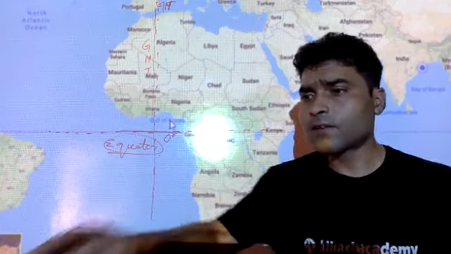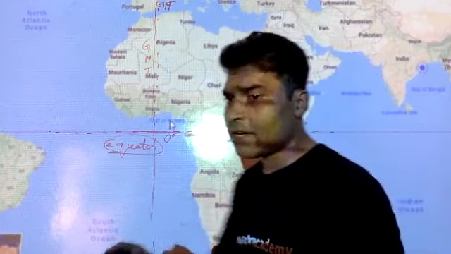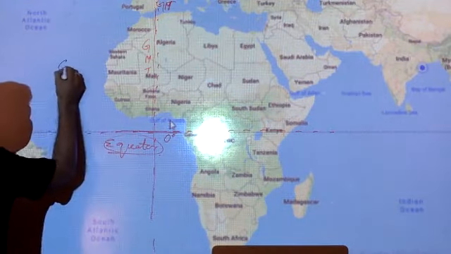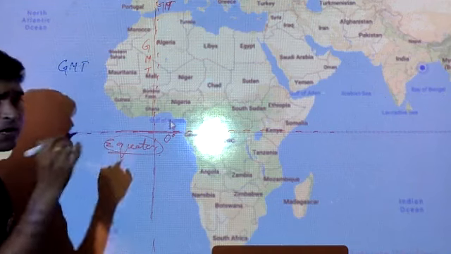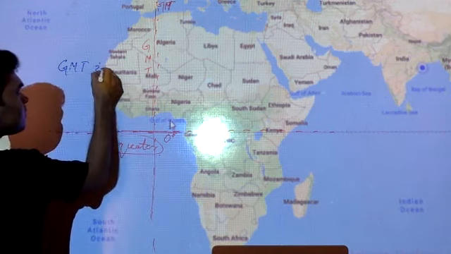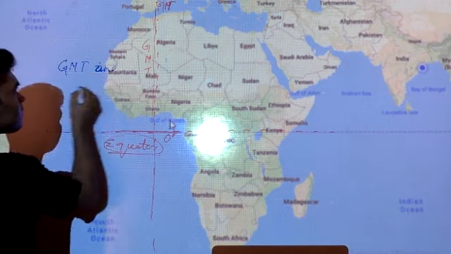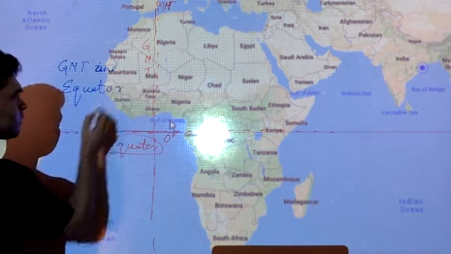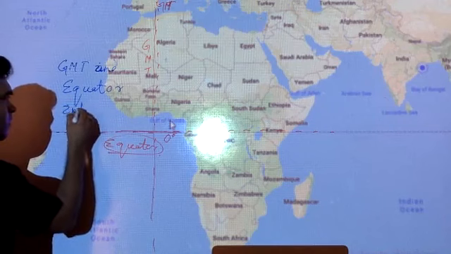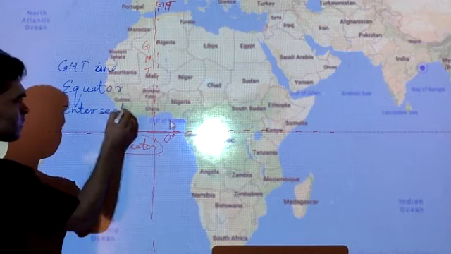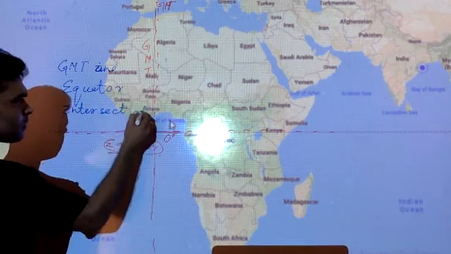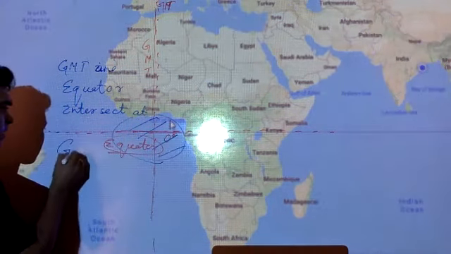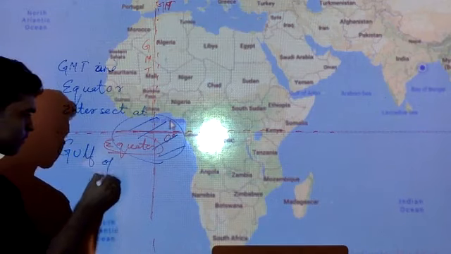You have to remember GMT, Greenwich Mean Time, and the equator intersect at this point, the Gulf of Guinea.